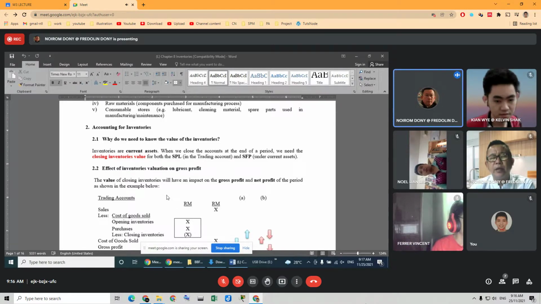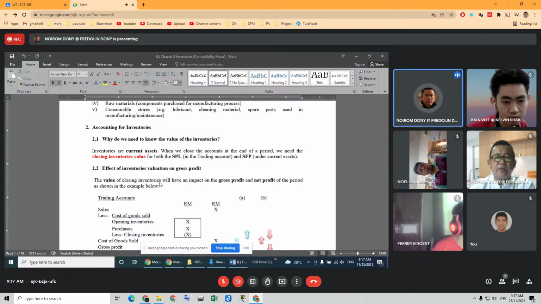Asset and revenue should not be overvalued. That is the prudence concept. And then liability and losses should not be understated. That is the prudence concept, which applies to inventory like this. We cannot overvalue the inventory. Why?